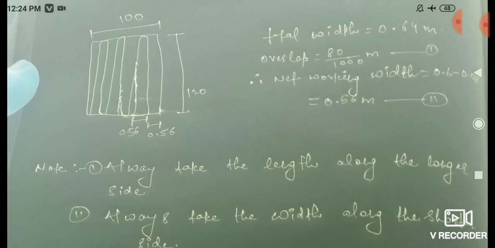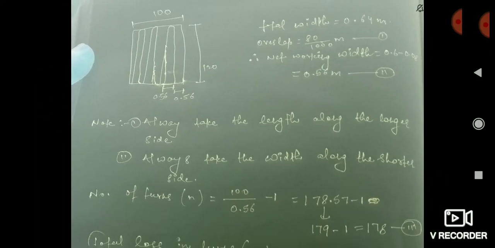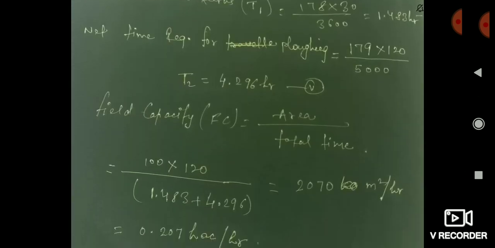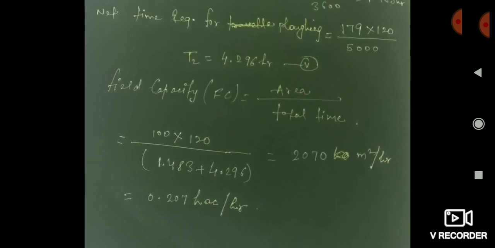This is the difference between the two. When we calculate the movement of the tractor, that is the working of the tractor, we consider the length, moving along the 120 meter, but when we consider the turning, we are moving along the 100 meter width. So 179 into 120 divided by 5000, you get T2 time as 4.296.